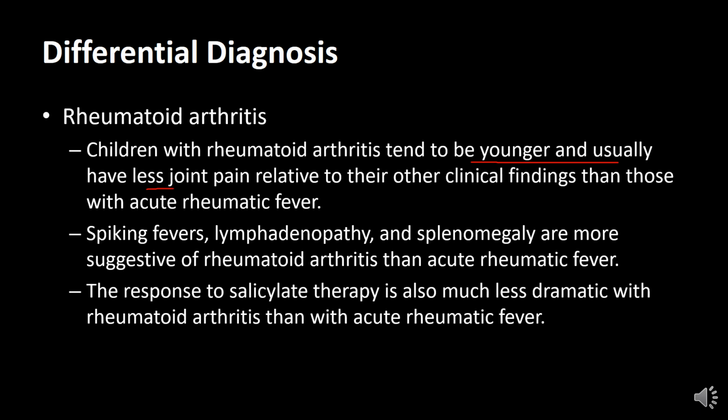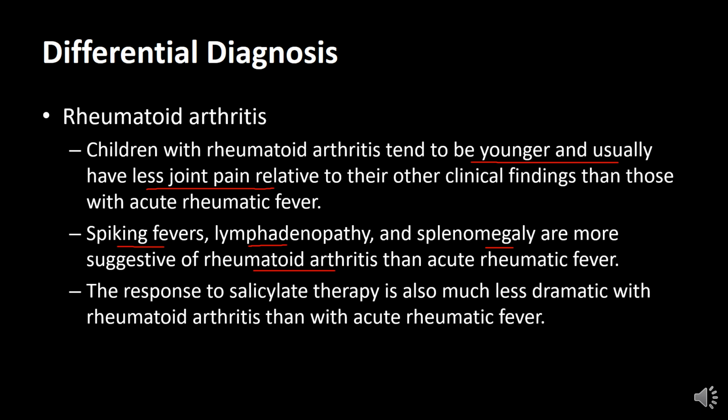The joint pain is not as much as the joint pain of acute rheumatic fever. Okay? And then spiking fevers, lymphadenopathy, splenomegaly will usually suggest rheumatoid arthritis rather than acute rheumatic fever.